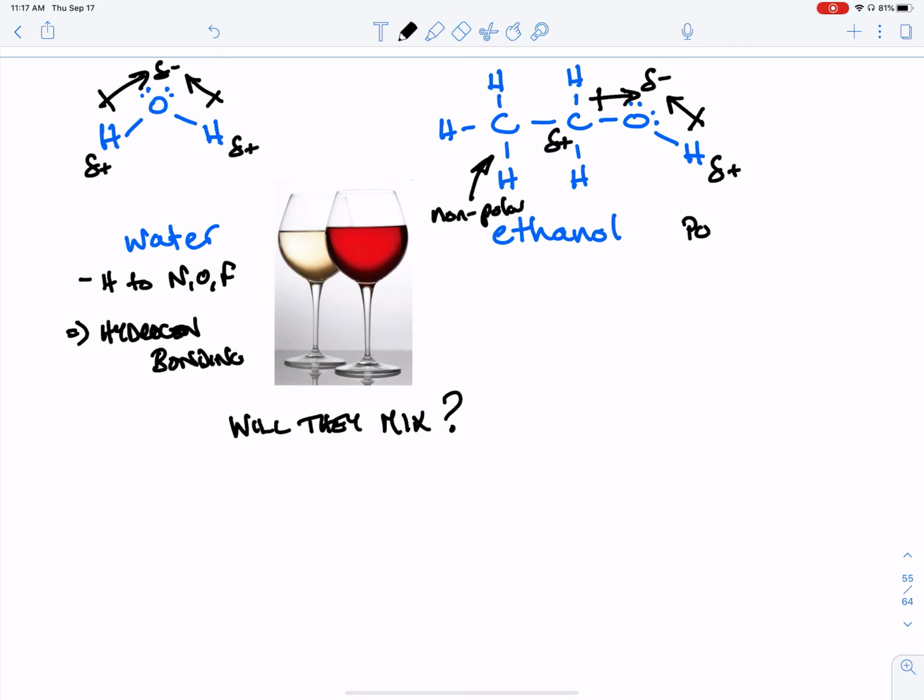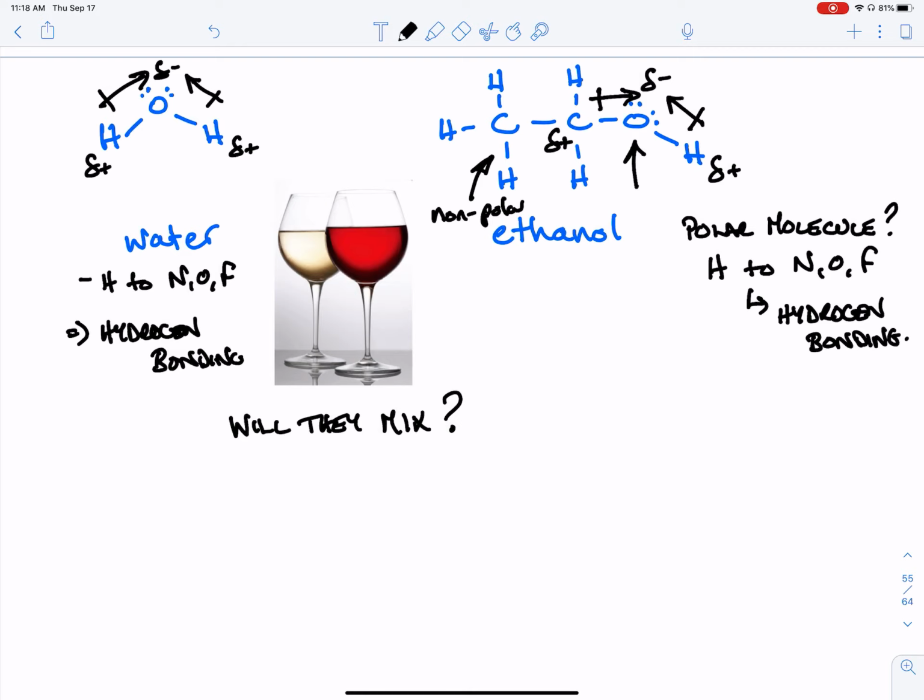So it looks like this has a polar end to this molecule. And then, because this is the case, we would also ask the question, is hydrogen directly bonded to NOF? And indeed, it's bonded to oxygen. So this is an example of hydrogen bonding.